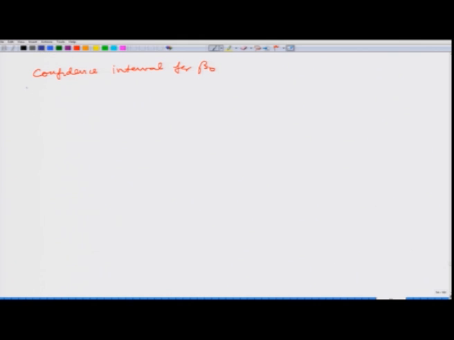So, the first case, when sigma square is known, the confidence interval will be obtained such that Z0 lies between minus Z alpha by 2 and Z alpha by 2, and the probability of such an event is 1 minus alpha.